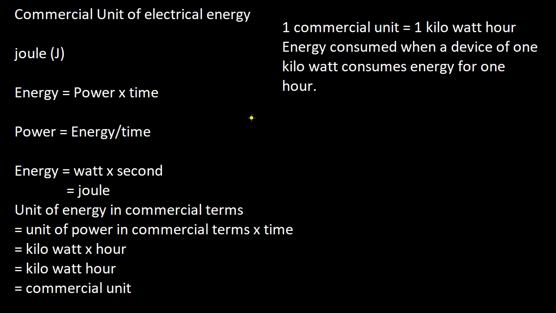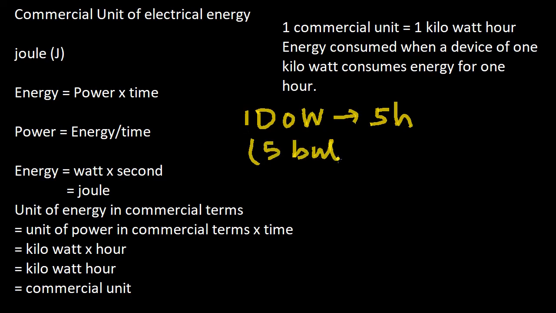Suppose you have a bulb of 100 watt, and this bulb of 100 watt is used for say 5 hours, and you have suppose 5 such bulbs of 100 watts. All of them are used for 5 hours, right?